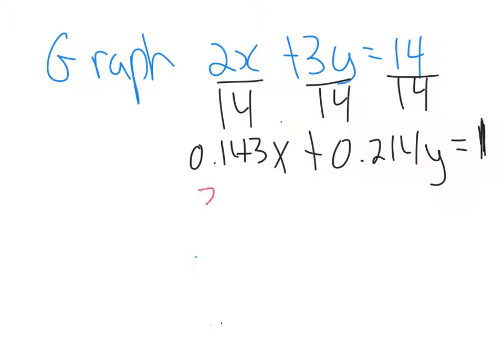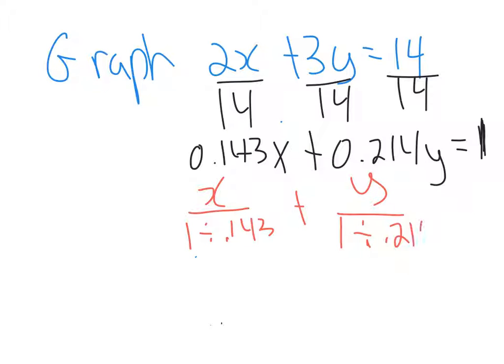We do x divided by 1 divided by 0.143 plus y divided by 1 divided by 0.214, and that equals 1.